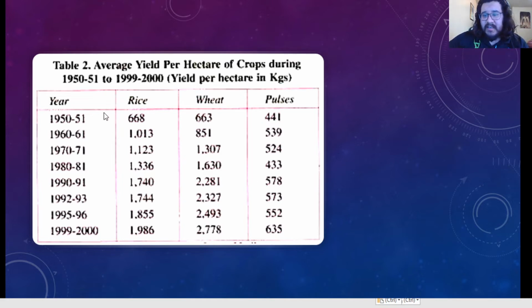So we see these triple, really, from 668 to 1,986, more than triple, to reach peaks of 1,986 kilograms per hectare, where it was just 668 kilograms per hectare in the 1950s, before this Green Revolution occurred. So we can see areas like India that benefited greatly, and other areas too in Latin America, South America, and Central America, that really benefited from these new technologies: GMOs, high-yield seeds, and fertilizers.